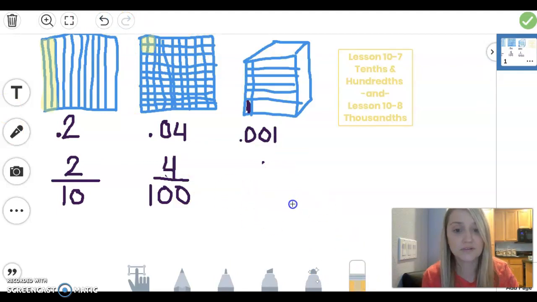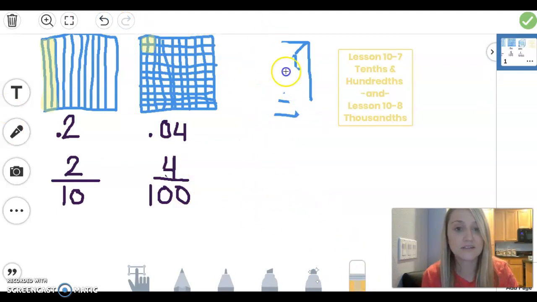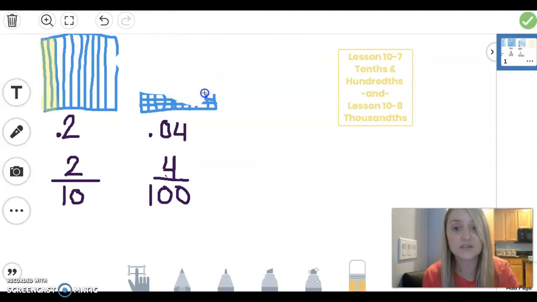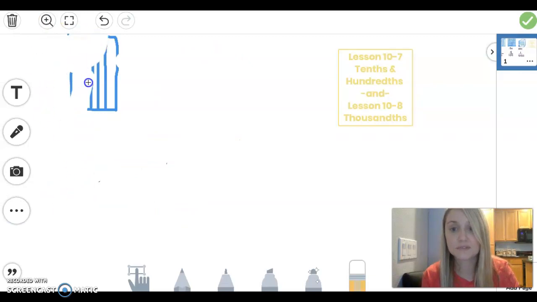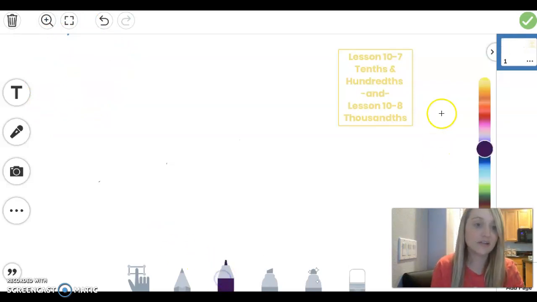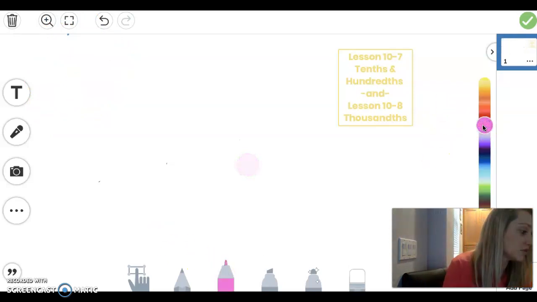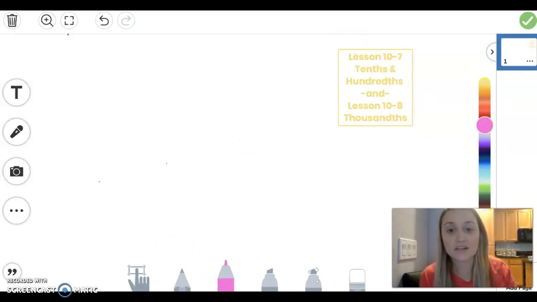So erase this. I'm going to do a couple examples of the easy stuff with you, and then I'm going to show you when it gets a little more complicated. All right, I'm on page 230, so if we look at number 1, it has 0.1, okay?